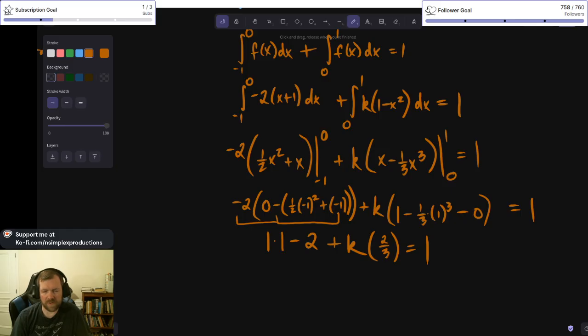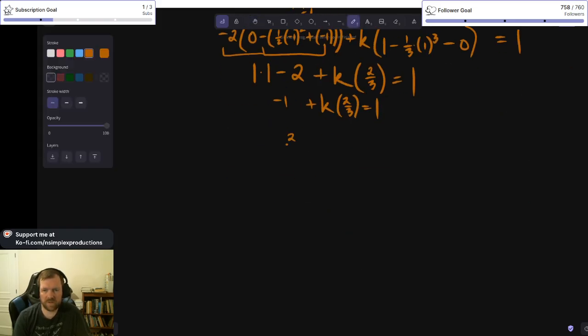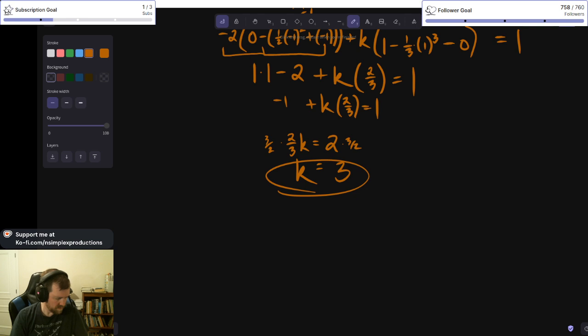So 1 minus 2 is going to be -1, plus k times 2/3 is going to be equal to 1. Add 1 to both sides, becomes 2. 2/3 k equals 2. Multiply by 3/2. So we get a 3. k is equal to 3.